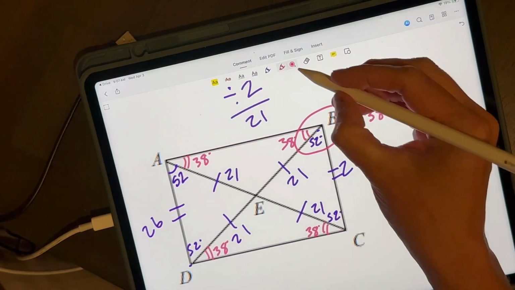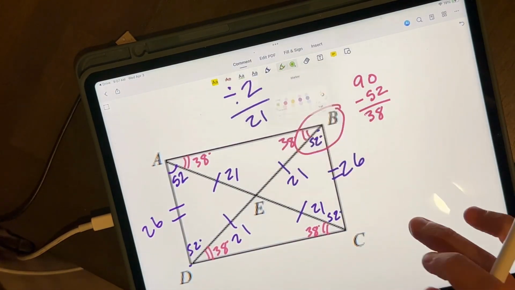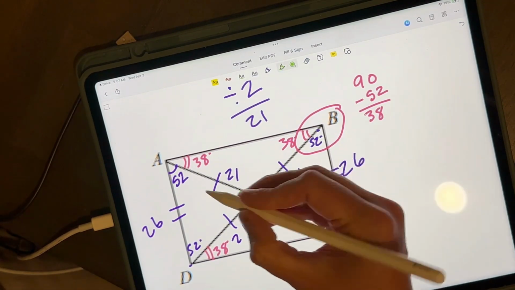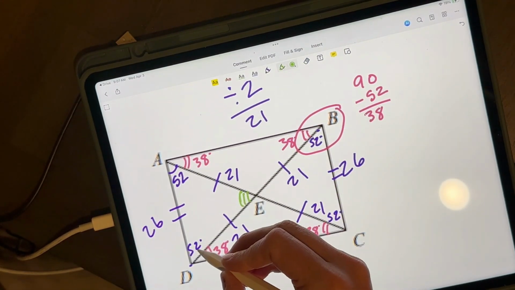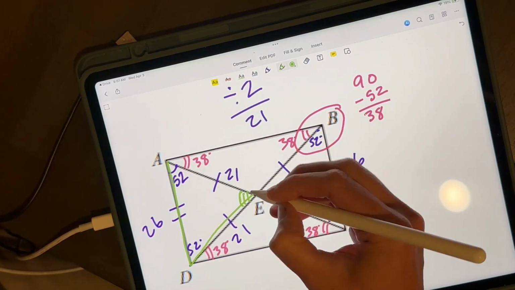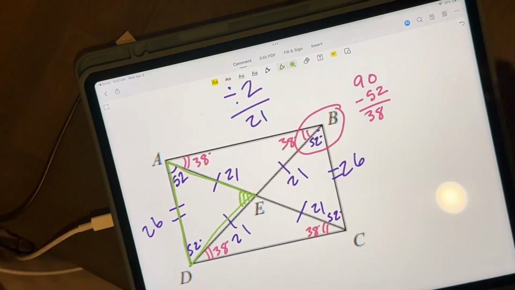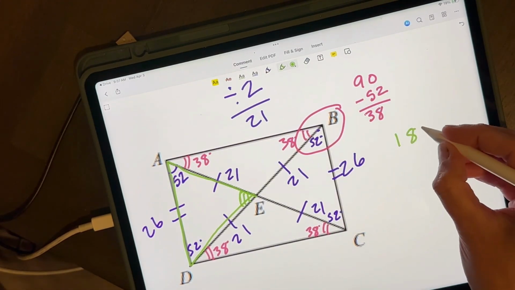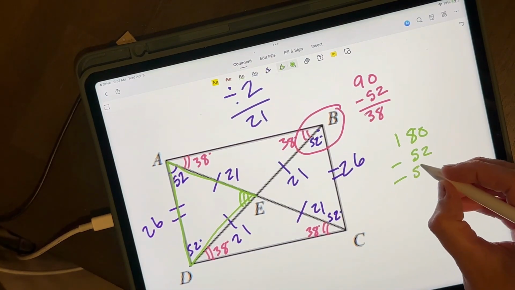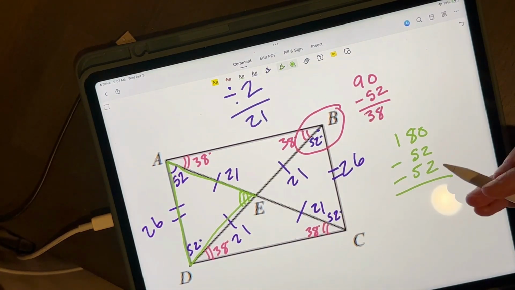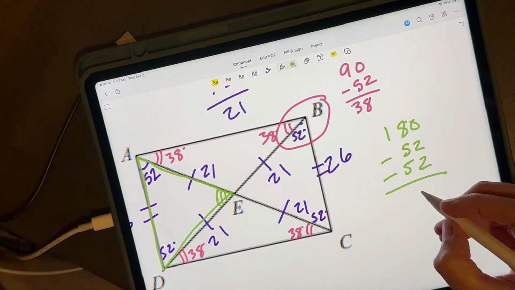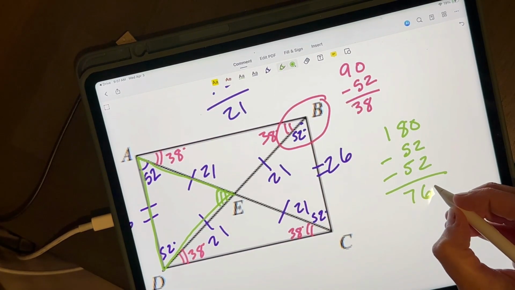Now you might be saying, what about the angles in the middle? How can we find this guy right here? I'm going to draw 3 arcs. Well, if this is 52 and this is 52, and you have a triangle right here, you could do 180 minus 52 minus 52. 52 plus 52 is 104, so that leaves us with 76 degrees.